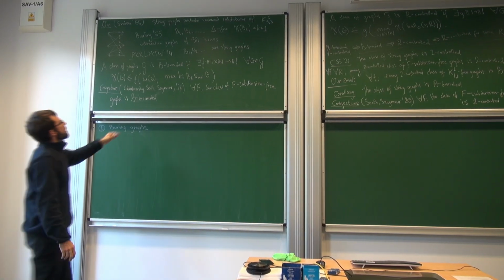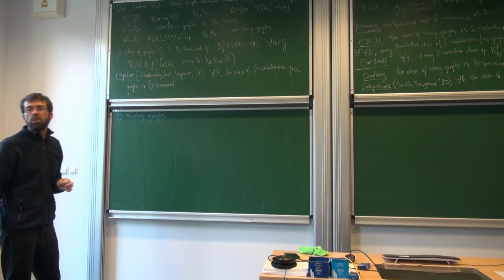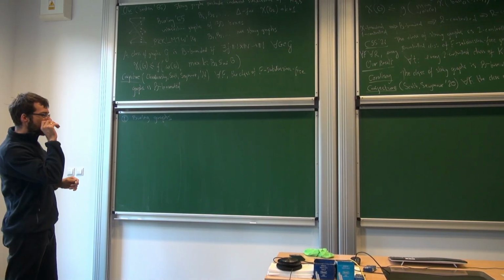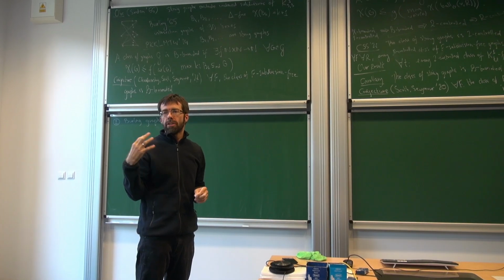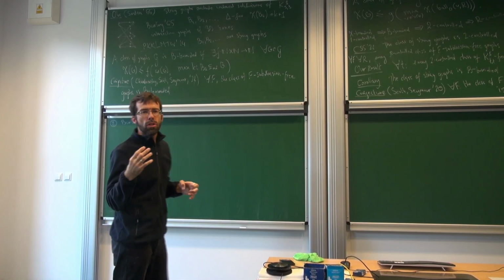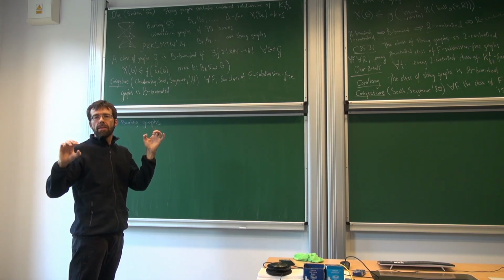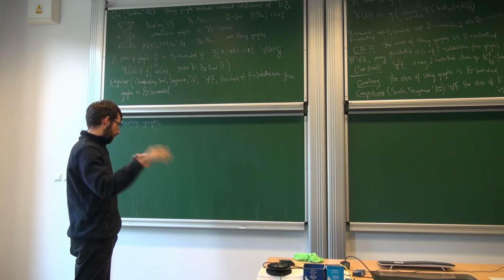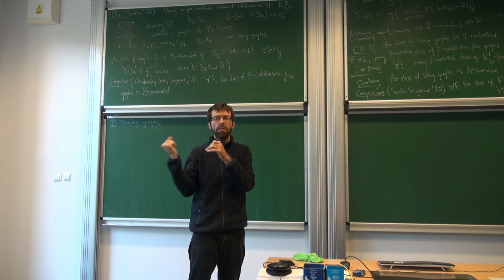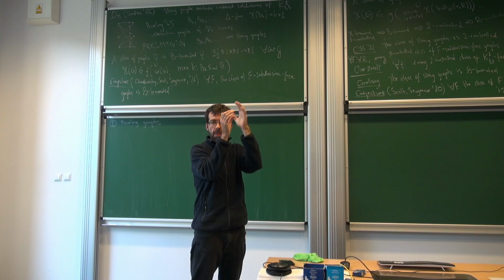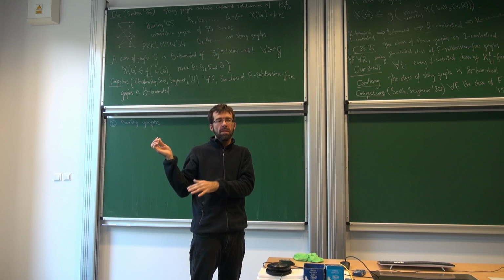First, let's do this construction of B1, B2, and so on. I want to define these graphs in terms of two operations which work on graphs with a marked independent set. These operations transform not just a graph into another graph, but a graph with a marked independent set of vertices into another graph with a marked independent set of vertices.